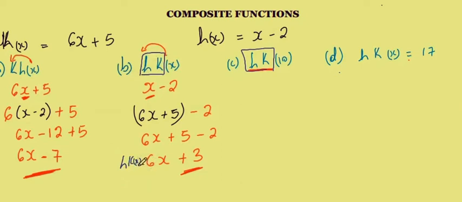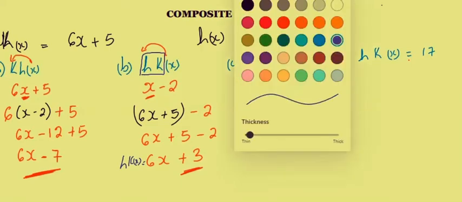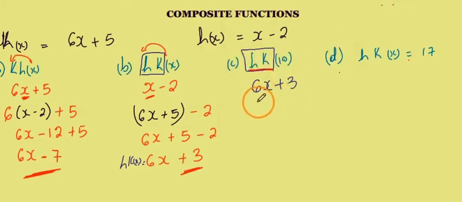This is what it is equal to. So I'm going to write out this function. So this is 6x plus 3, and I'm going to substitute the 10 wherever I see the x in this function. So here I have 6, open bracket, put my 10, put plus 3.